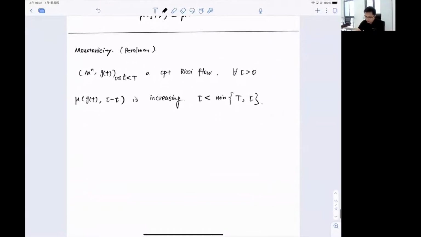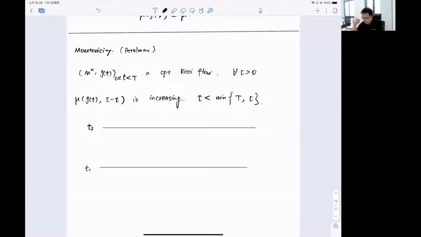Now, I will not give a proof for this fact, but I only want to give some idea how Perelman proved this. So basically, to prove the monotonicity, we fix two times t1 and t2. Let's say this is t1 and t2 is the later time. So I will assume that both t1 and t2 are less than the minimum of capital T and tau.